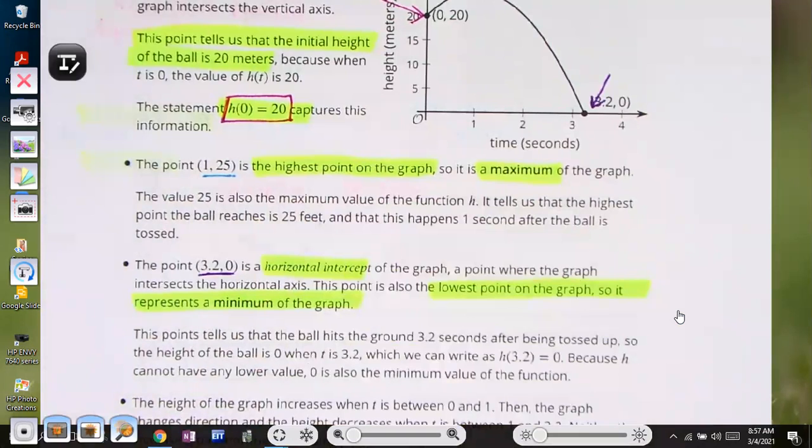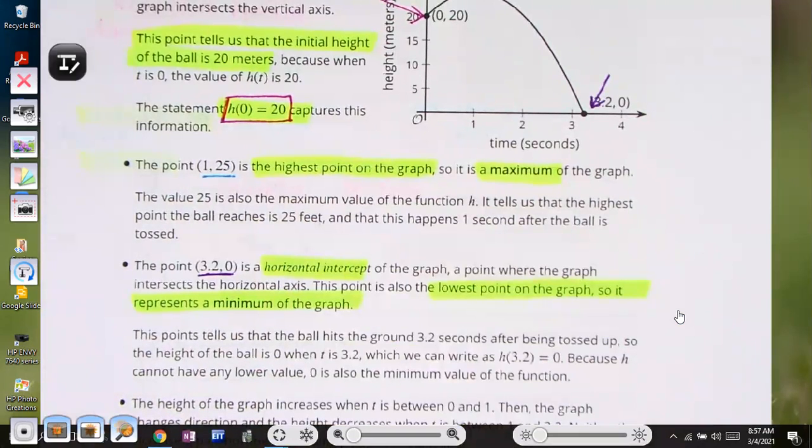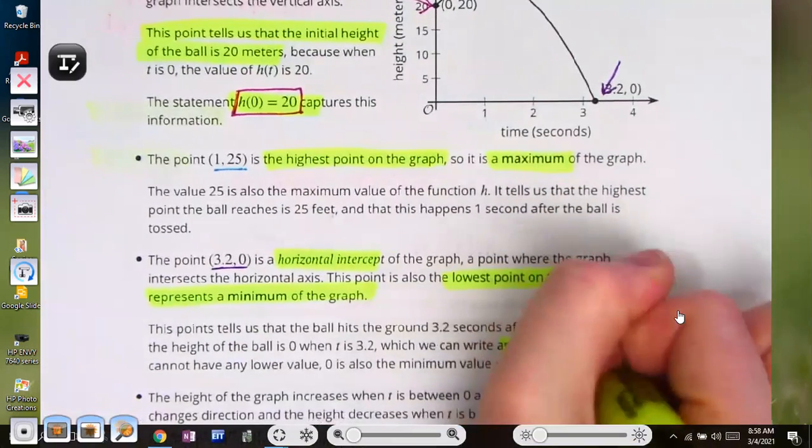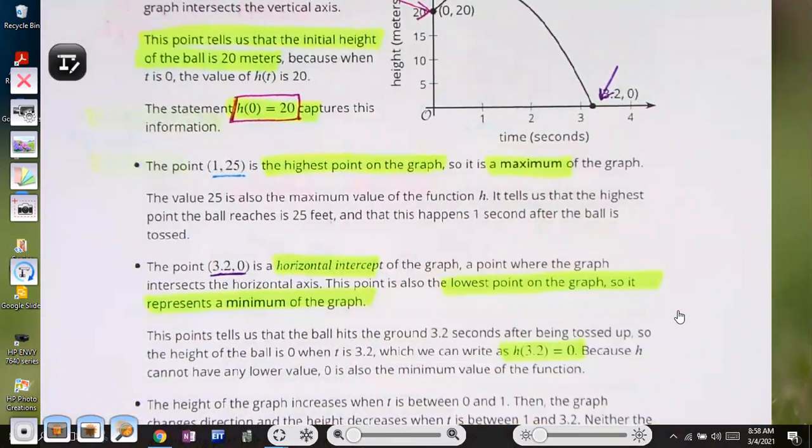This point tells us that the ball hits the ground 3.2 seconds after the ball is tossed up. So the height of the ball is 0 after 3.2 seconds, which we can write as this function. Because h cannot have any lower value, 0 is also the minimum value of the function.